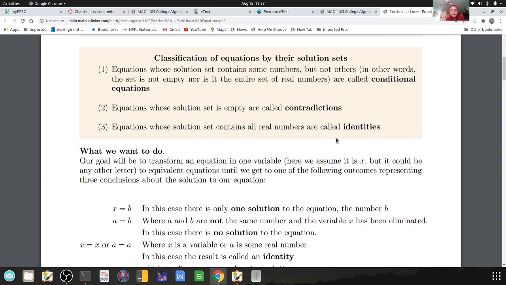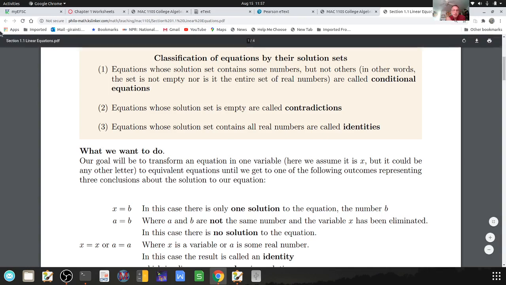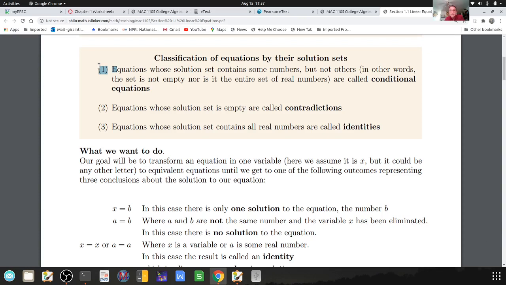So 3 different classifications. Equations whose solution set contains some numbers but not others are called conditional equations. That means there are numbers that work as solutions, and numbers that don't work as solutions.